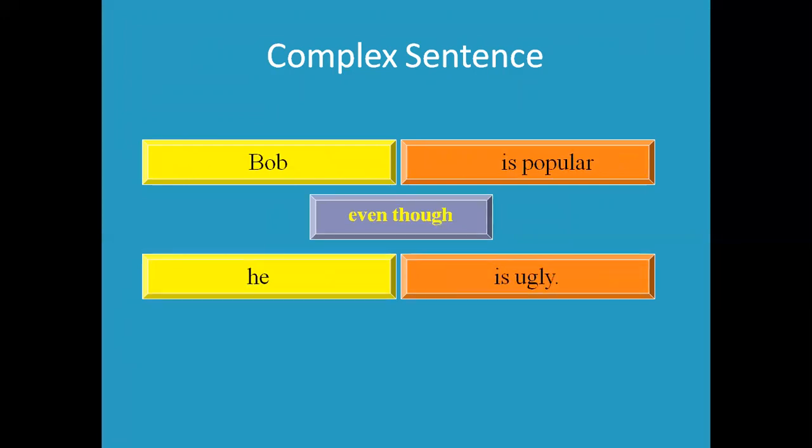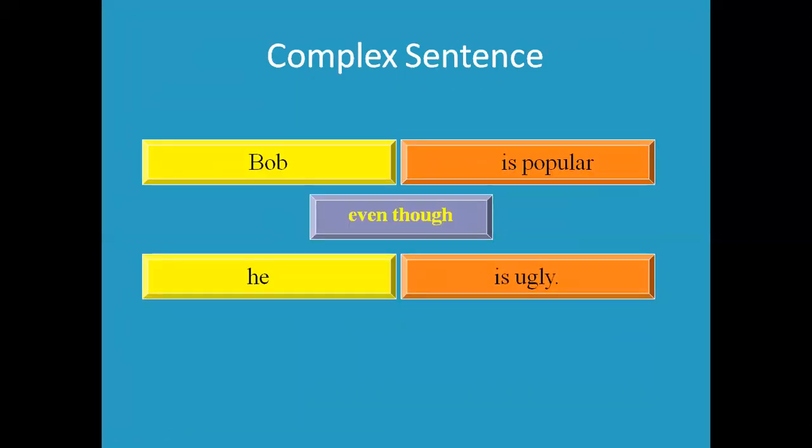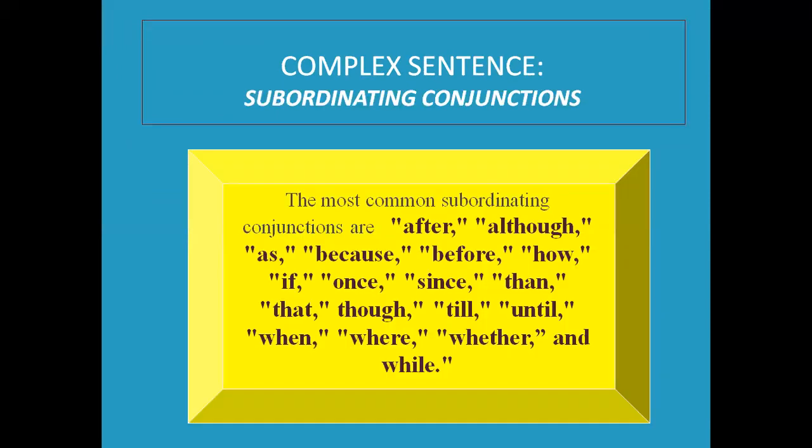For example, Bob is popular even though he is ugly. You see? Bob is popular, that is an independent clause. And even though he's ugly, that is dependent on the first part.